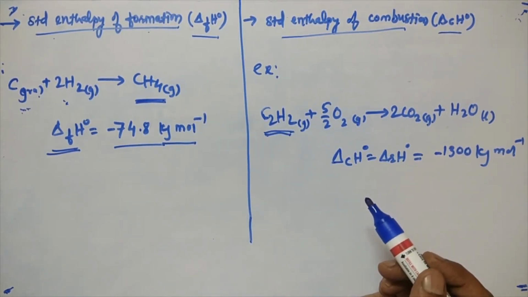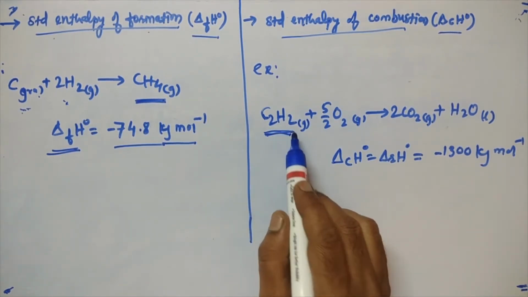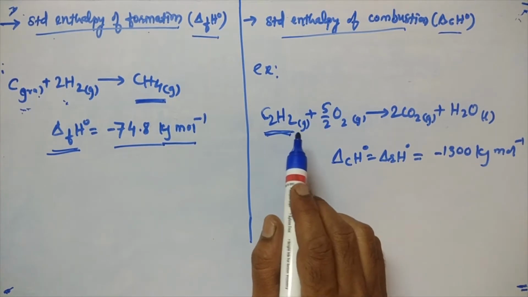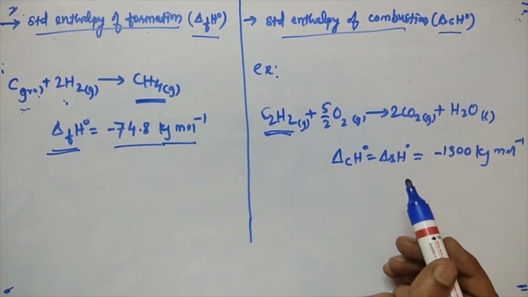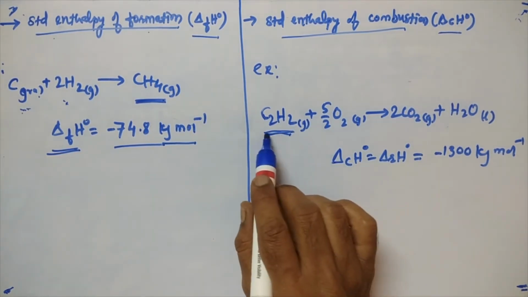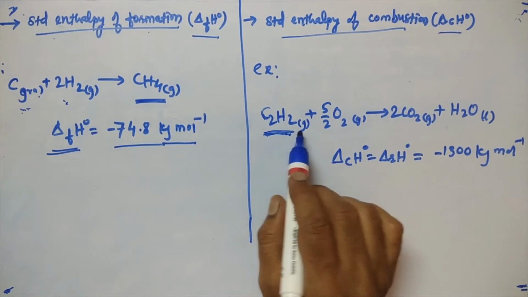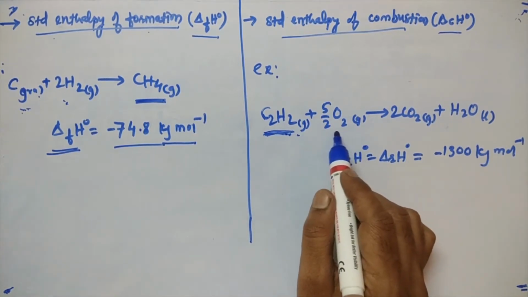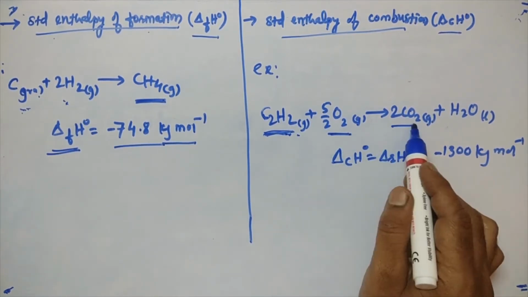For example, here C2H2, acetylene gas, reacts with 5/2 moles of oxygen, forming carbon dioxide and H2O.